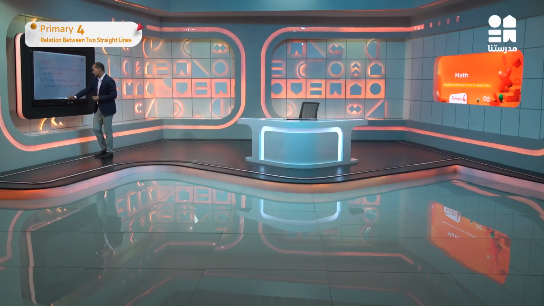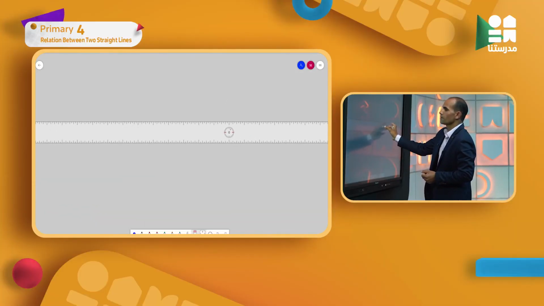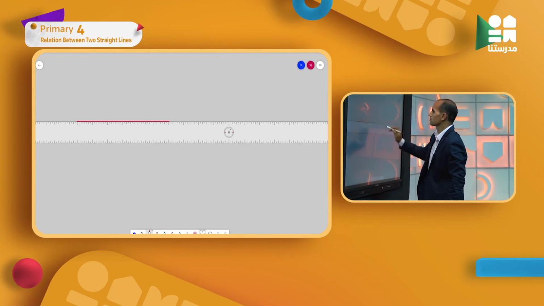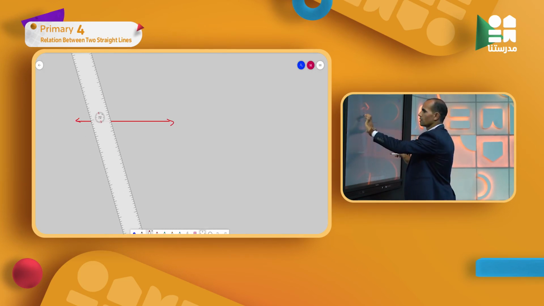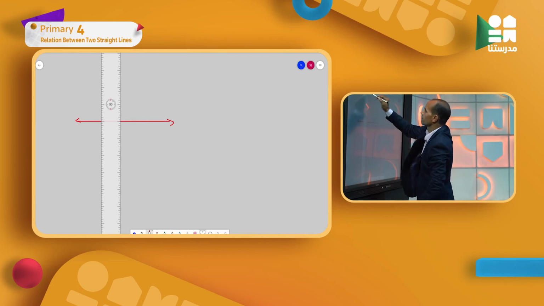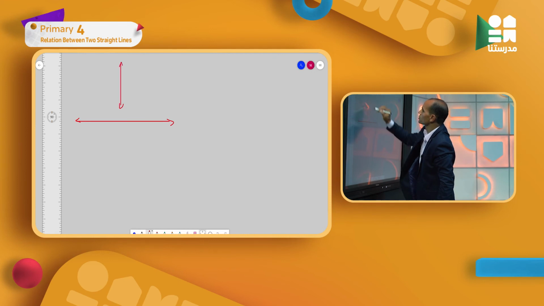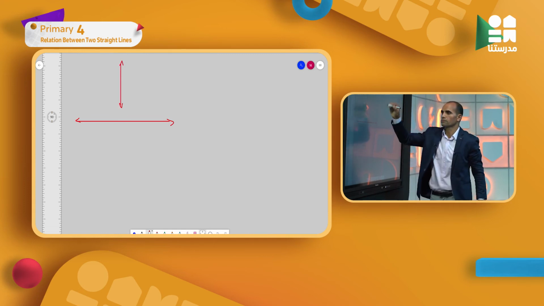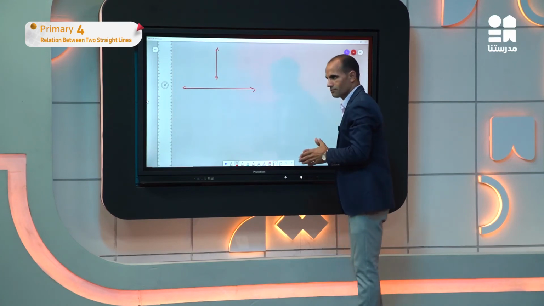Now I ask you to write the relation between the two straight lines now. Who can tell me the relation between the two straight lines here? Intersecting or parallel or perpendicular?